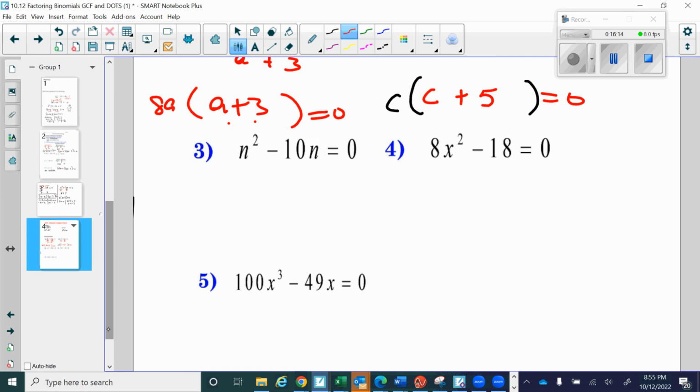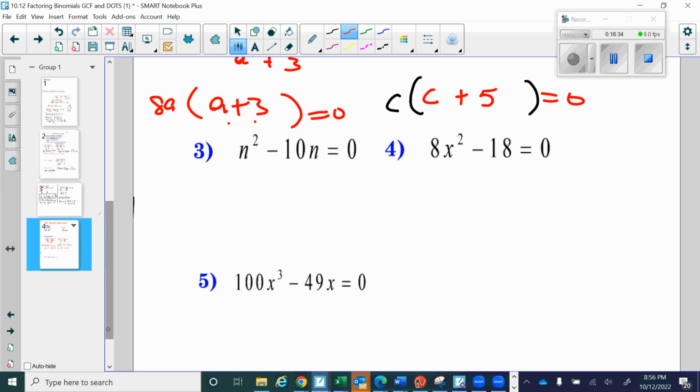Sometimes it looks like we're going to use a GCF, which we are, but embedded in this problem, you're going to see what happens when I factor out a number. So let's go to number 4. What is the GCF here?